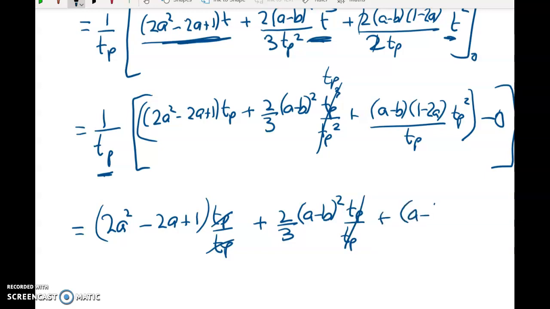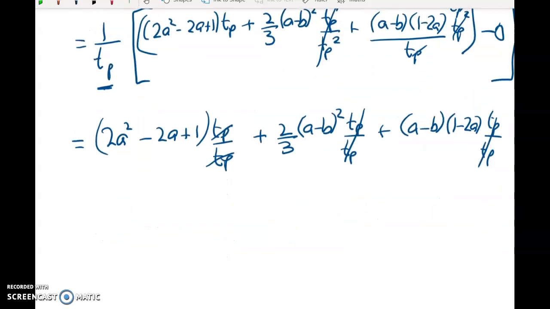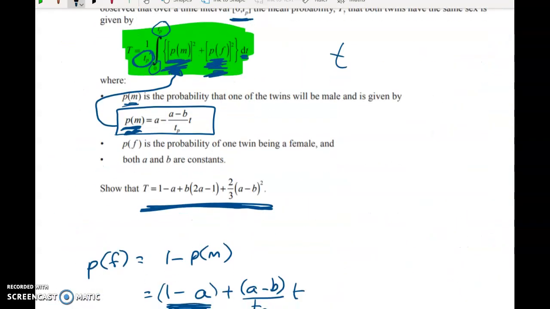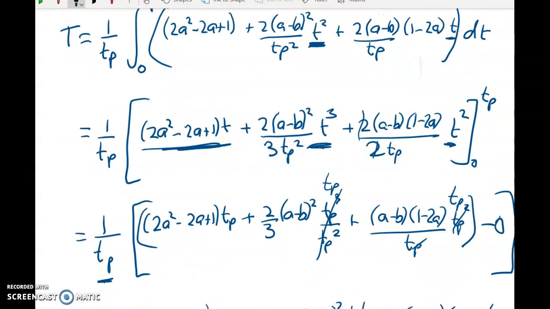Plus (a minus b) times (1 minus 2a). This is simplified here, so we've got TP over TP. So that simplifies. Now we just have to get it manipulated into the right thing. What did we want? Where's my question? Right, we need to get to (1 minus a plus b) times (2a minus 1), plus that bit on the end.